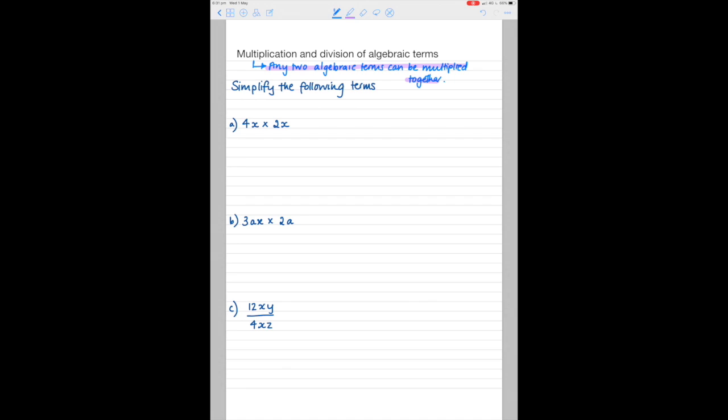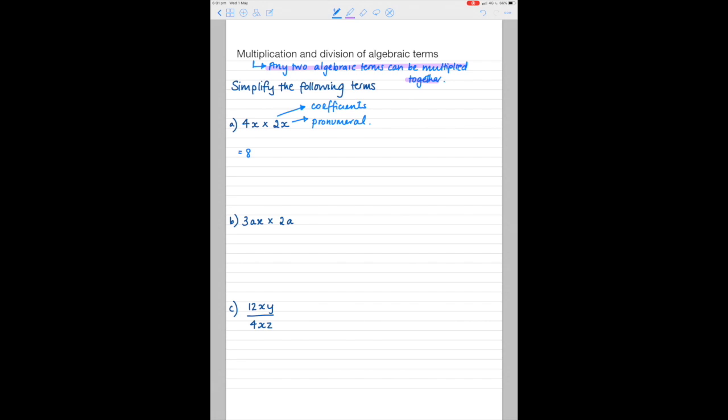So for example, in question A, x is our pronumeral and 4 and 2 are our coefficients. So if we deal with the coefficients first, 4 times 2 is 8, and then we've got x times x.